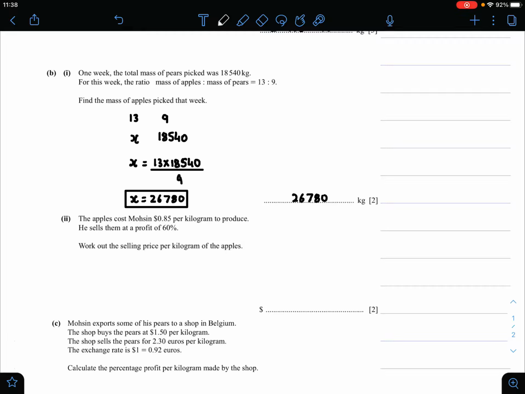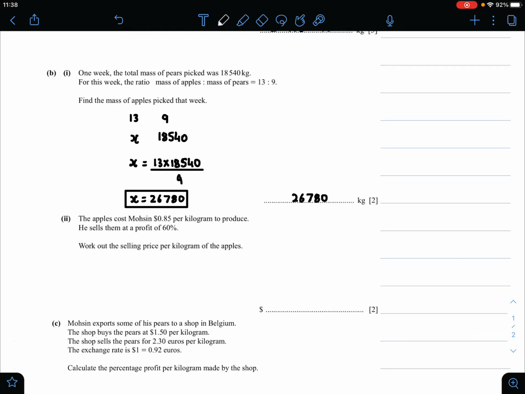Now let's move to part B2, where they are asking you to work out the selling price per kilogram of the apples. Now they are telling you that the cost of the apples is 0.85, and they are telling you that he sells them at a profit of 60%. So profit of 60% would be 60% more than 100.